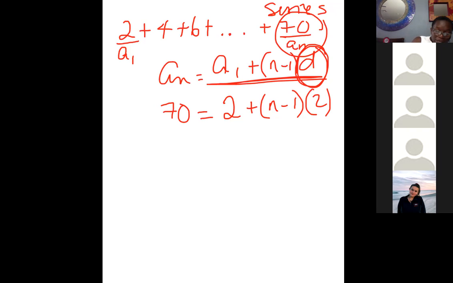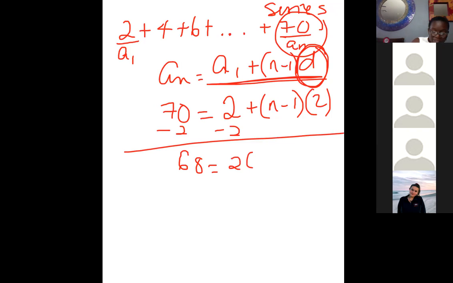Now, we're going to subtract the 2, so we get 68 is equal to, actually, I didn't even have to do all of that, but anyways, we'll go with it, guys. 2 times n minus 1. The reason I decided to do it this way is because I'm following what Sarah's saying. I'm dividing both sides by 2, so I get 34 is equal to n minus 1.